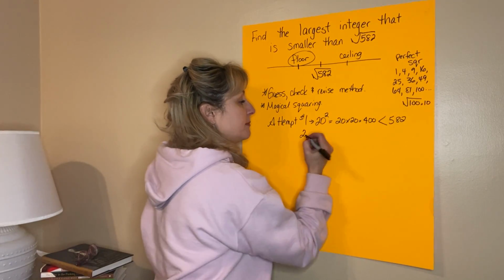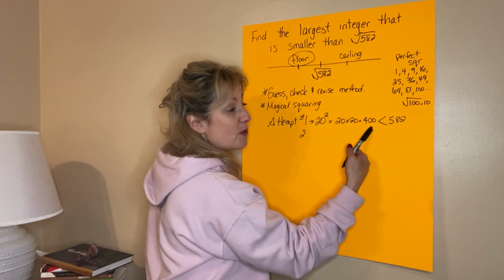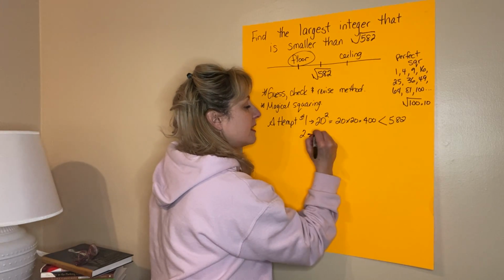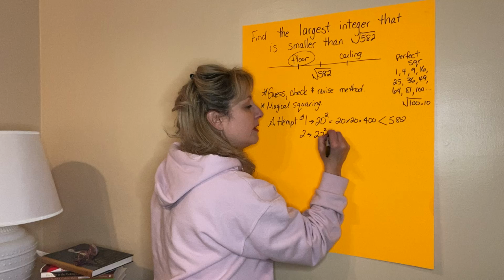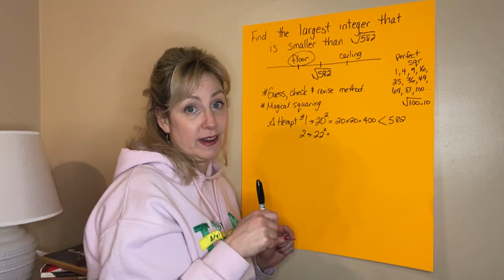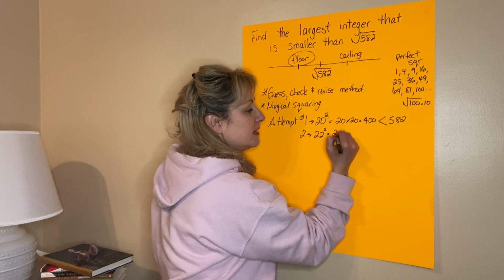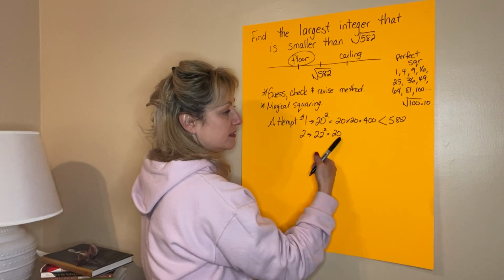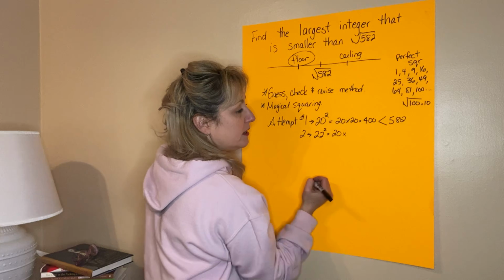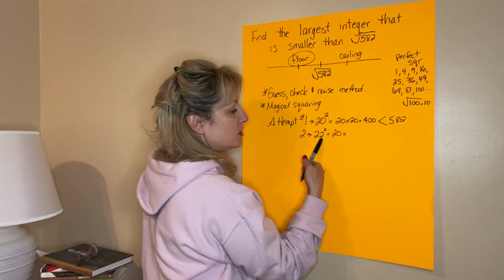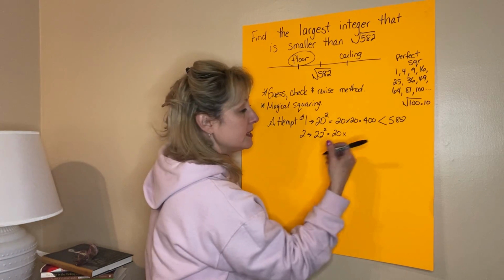My second attempt, and I'm just going to go up by 2 because I know that I'm close, will be 22 squared. Now this is where magical squaring comes in, and it's actually kind of fun. I'm going to take 20 because it's an easy number to multiply, but I'm going to take the digit in the ones place and add it to itself.